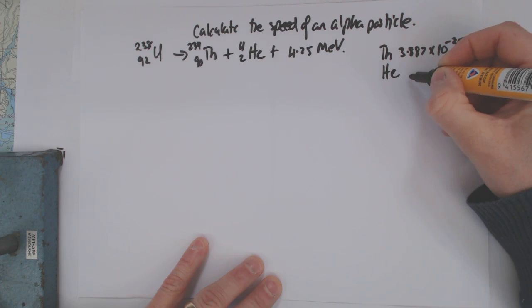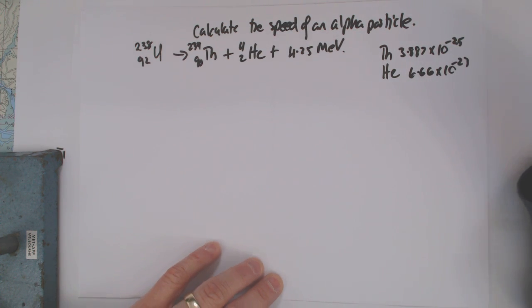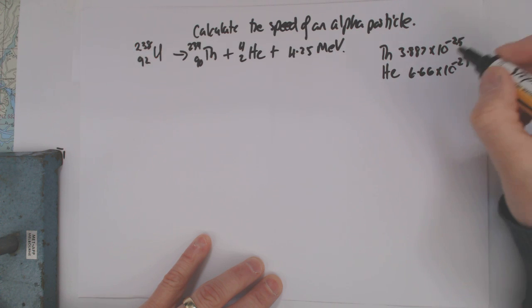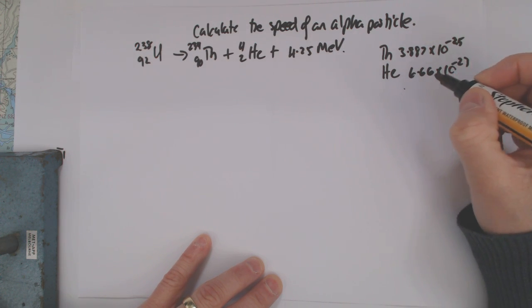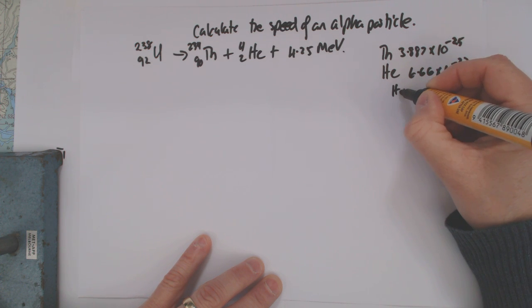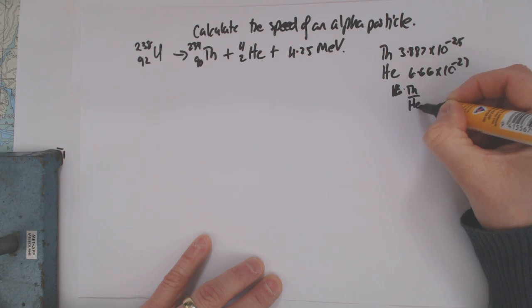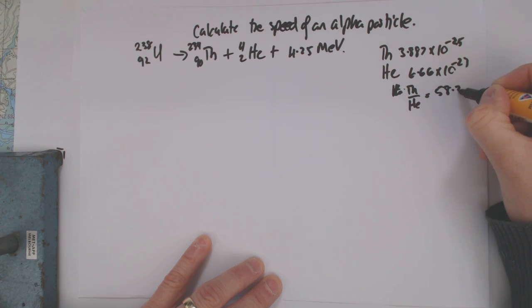Helium, we've got 6.66 times 10 to the minus 27, quite small. If we divide those, we come up with a ratio of 58.36. So thorium's mass divided by helium's mass is equal to 58.36.